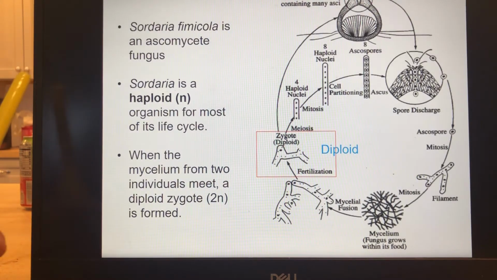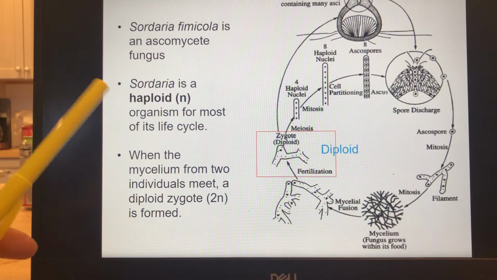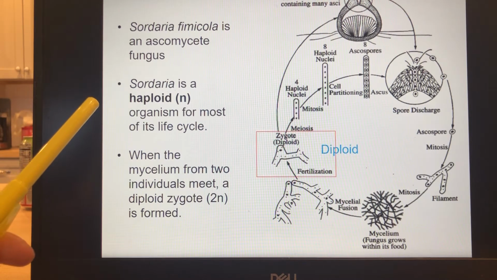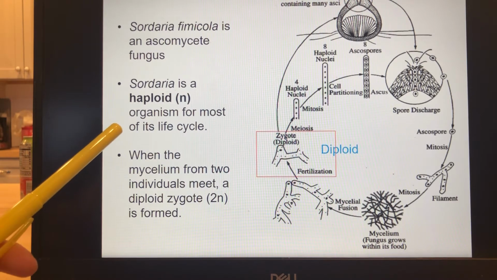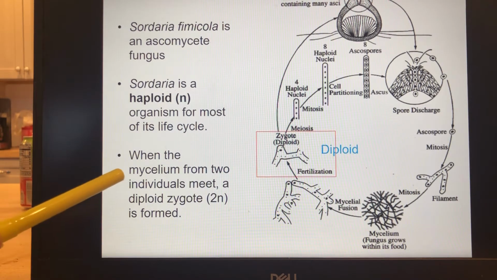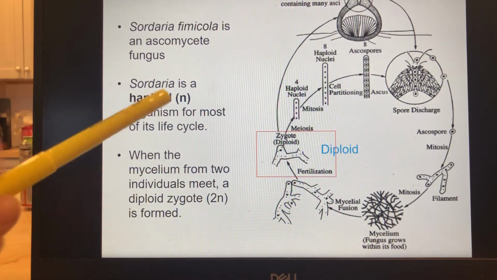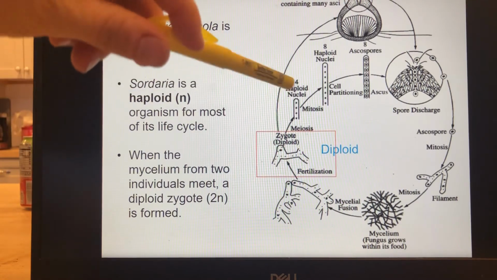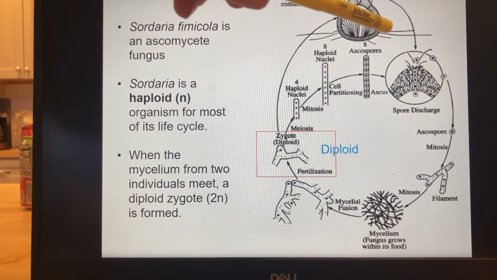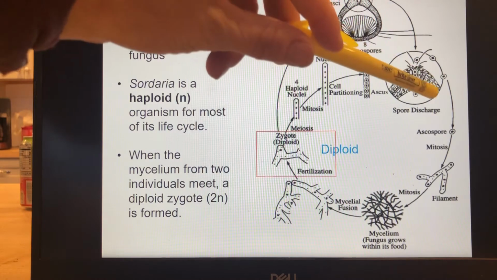Okay, so the Sordaria, this is where we look at their unique life cycle. The Sordaria is a haploid for most of its life. And when mycelium from two individuals meet, you will get the diploid, the 2N. So here, if you look, this is all haploid. We've got spores getting discharged.